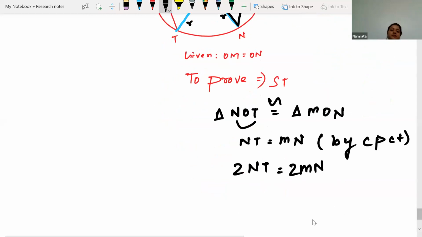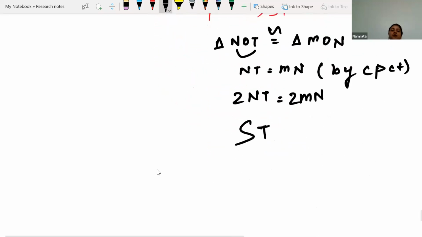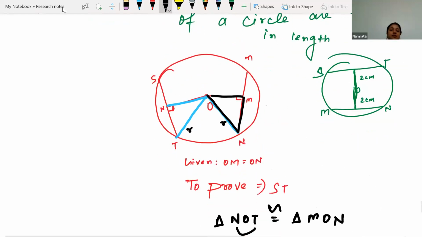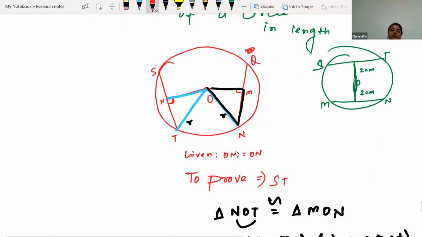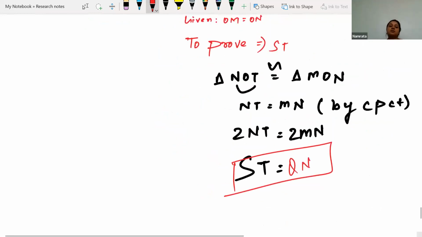That means ST will be equal to, okay, again and again I have written MN, let me do the correction. Let's say this is QN. So ST is equal to QN. We have proved that both chords are of the same length.